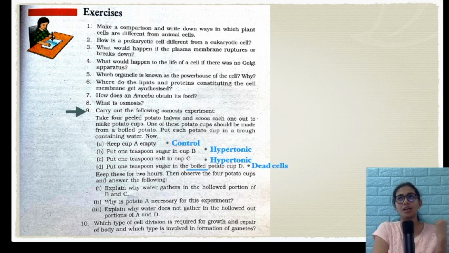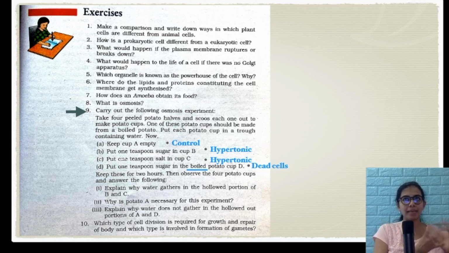In the video where I taught osmosis, I made clear how we must answer the question of where the water will move. That depends upon the concentration of water, right? In osmosis, where water will move depends on the concentration of water. It will move from high to low.